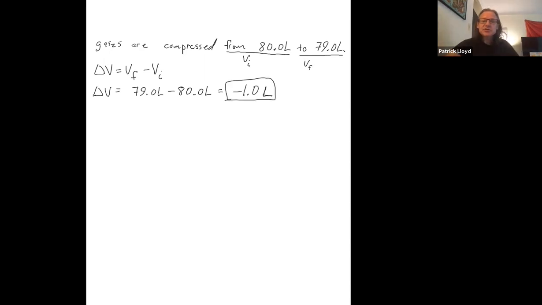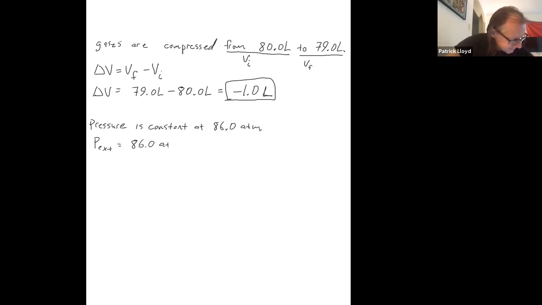The next thing they do is they tell you that the pressure is constant at 86.0 atmospheres. So that means P external is 86.0 atmospheres.